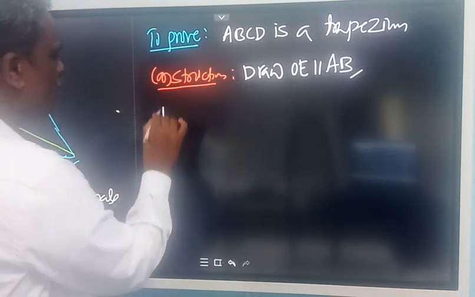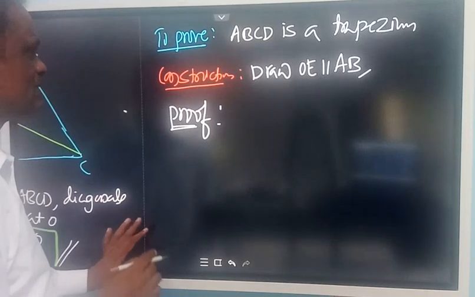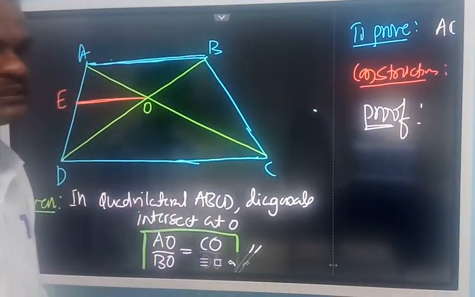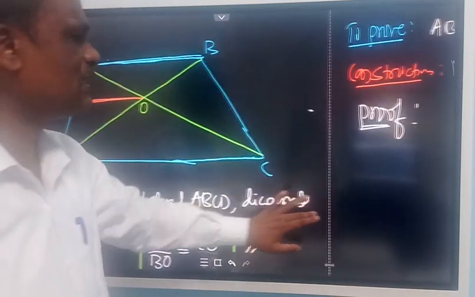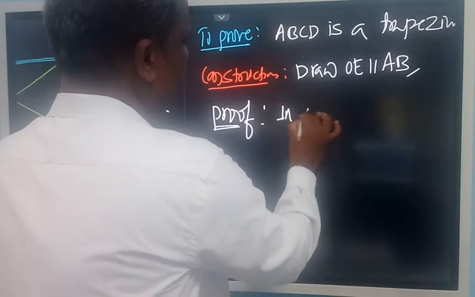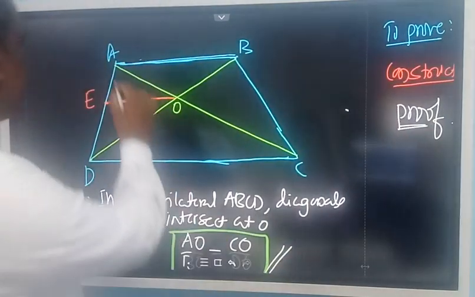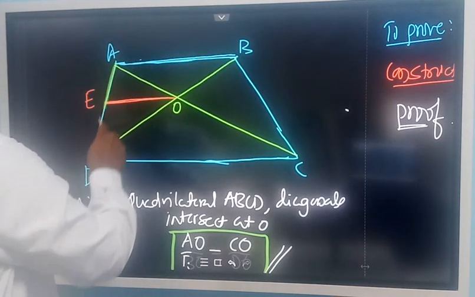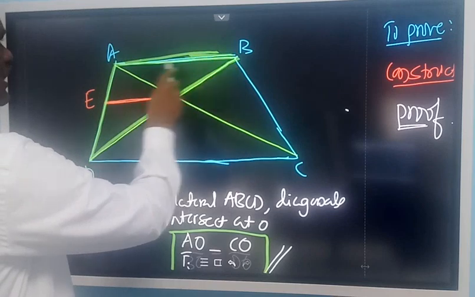So let us go to the proof now. In the proof, we have to use this data. What is given? This data we have to use and reach the final answer. So here in triangle ABD, look at this triangle only. What have we done in this triangle in the construction?